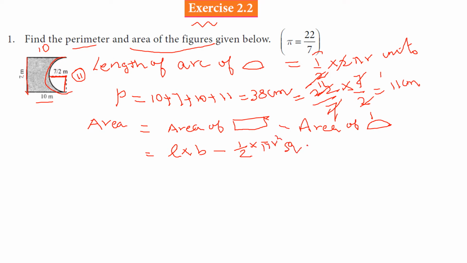So what is L here? L is 10 into 7 minus half into pi value 22/7.